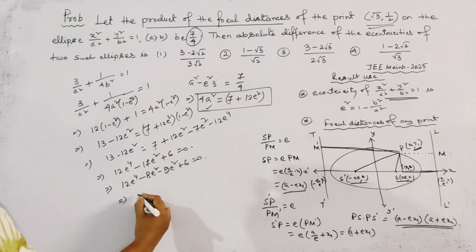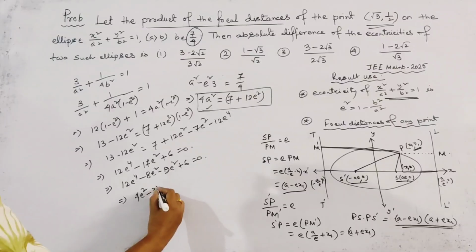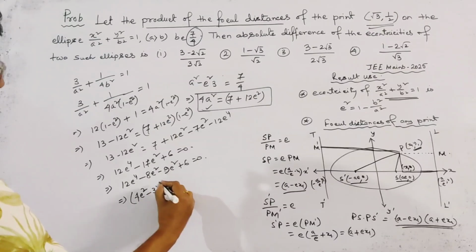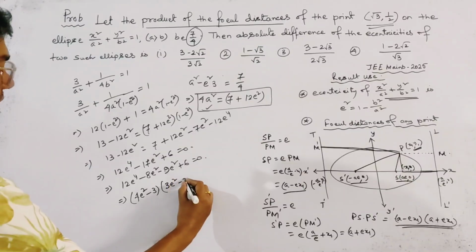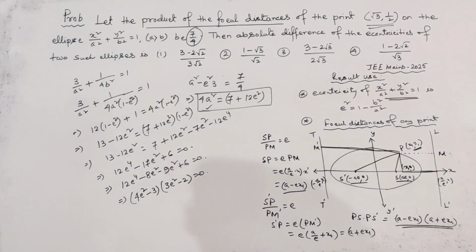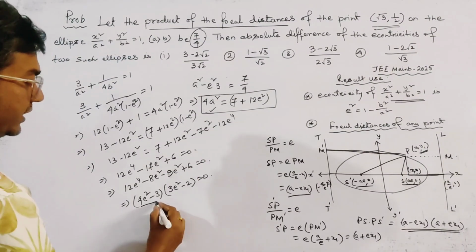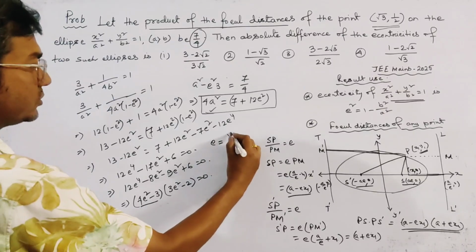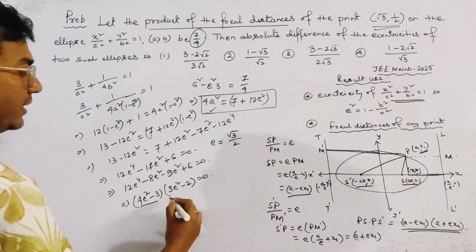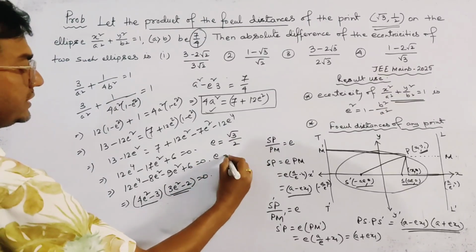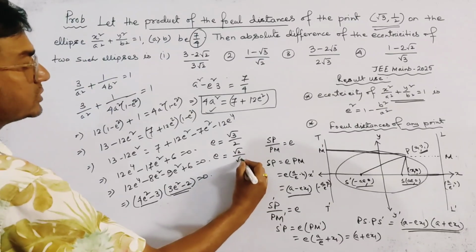So one factor is 4e square minus 3 and the other factor is 3e square minus 2, and this is equal to 0. So from these two factors we get the value of e. This is root 3 by 2, and the value of the other eccentricity is root 2 by root 3.